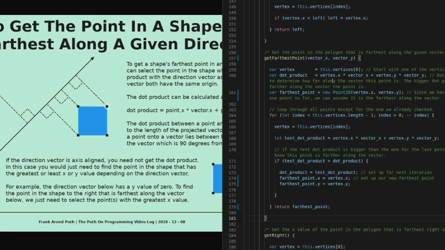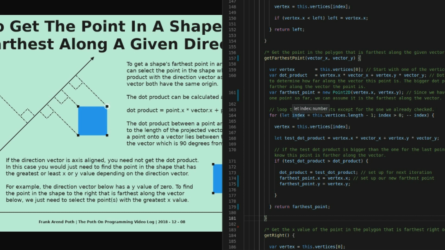Dot product equals our vertex dot x times vector dot x plus the vertex dot y times vector dot y. The farthest point we're going to store as this point, because this so far is, as far as we know, the farthest point. We haven't checked any other points. We don't know if any other exist as far as this algorithm is concerned. So we're going to store this, and we're going to store our dot product in this variable right here.